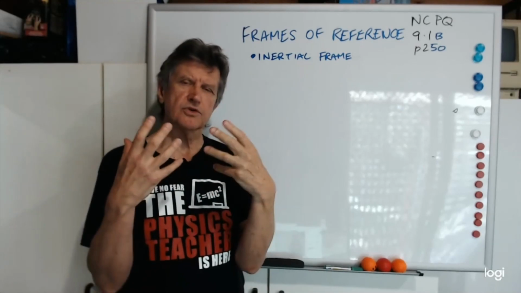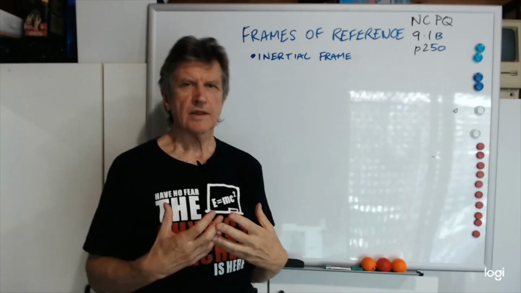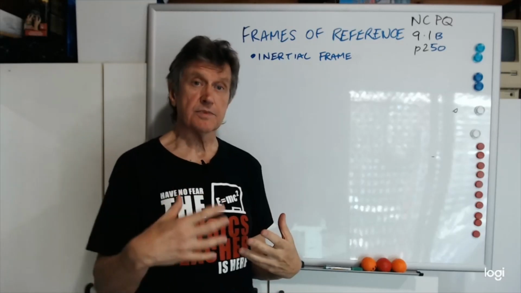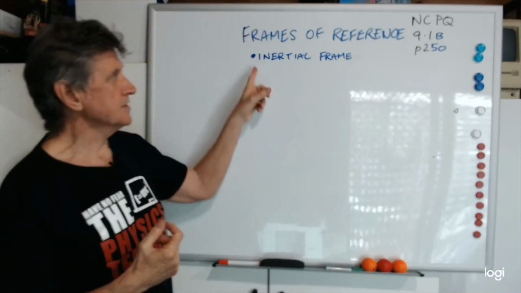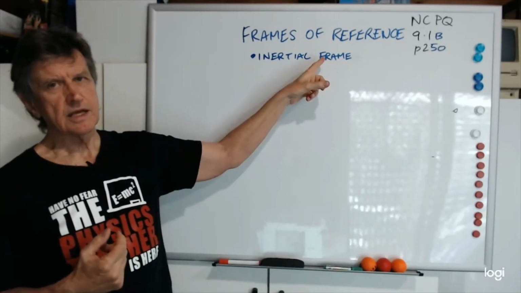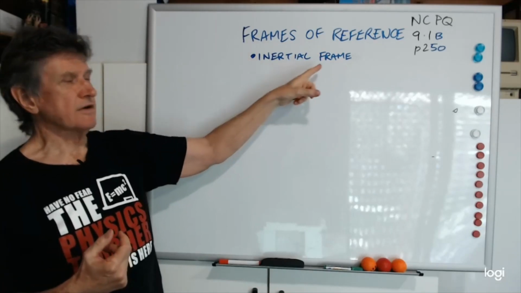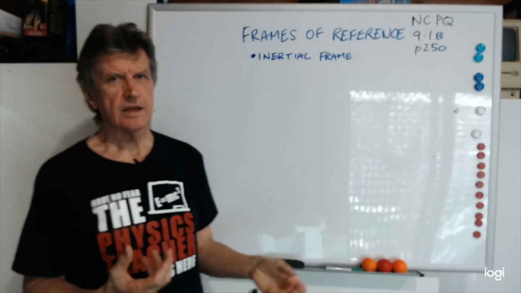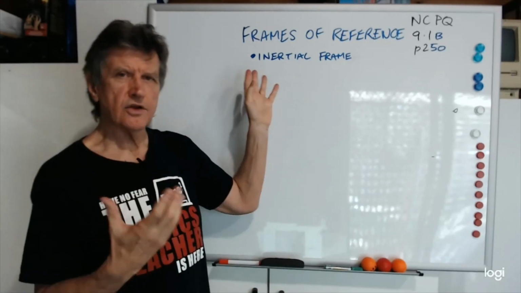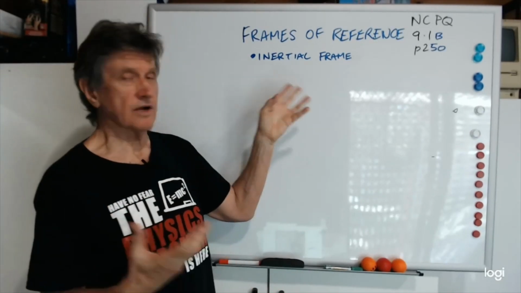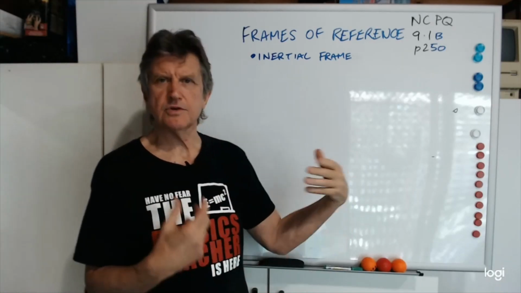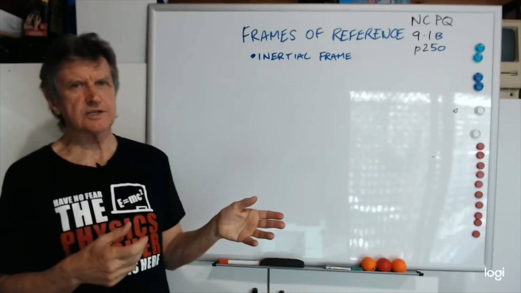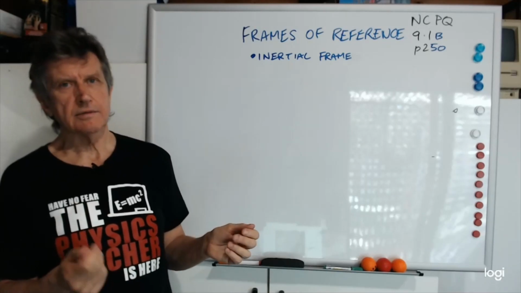Now when I'm travelling at constant velocity, or if you're stationary with respect to another frame of reference, you say that's an inertial frame of reference. Now an inertial frame of reference, simply in the syllabus it just says it's not accelerating. So really you could learn it as an inertial frame of reference is one that is not accelerating, but you should look at the exact definition in the textbook or in the syllabus if you like.